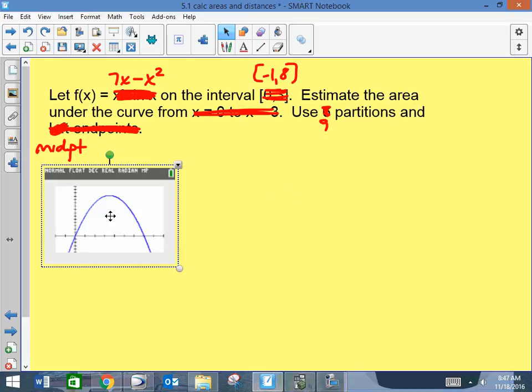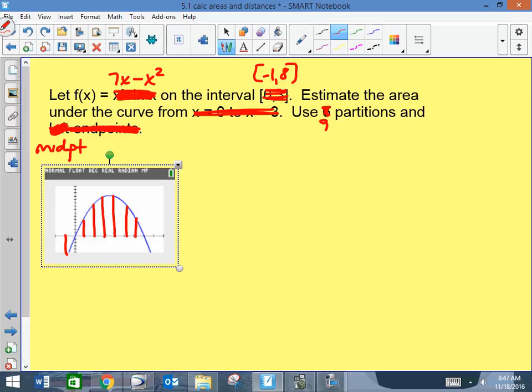Okay, so I'm drawing my vertical lines here. We don't draw them in the middle, because that's how we divided them up.